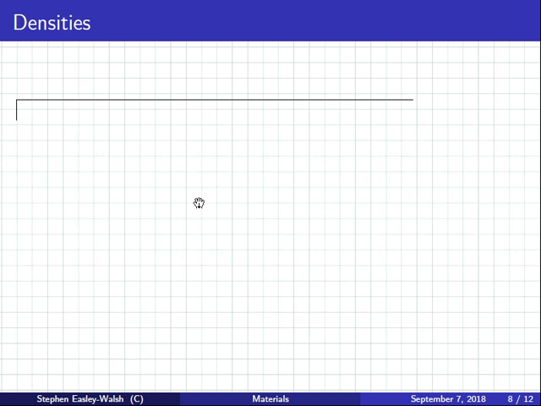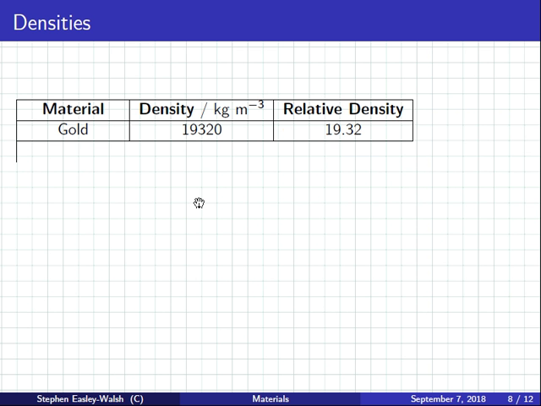Okay, so here are some values which you'll need for your question. The first one is gold, that's 19,320 or 19.32. Silver, which you should write down, is 10,500. So you can see there's a big difference between gold and silver.